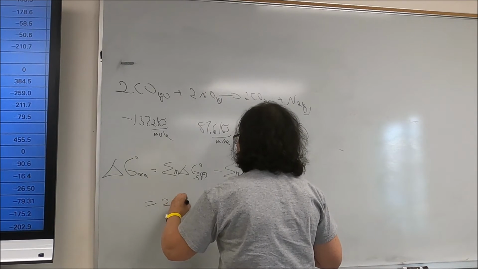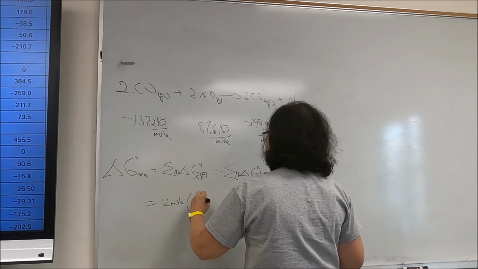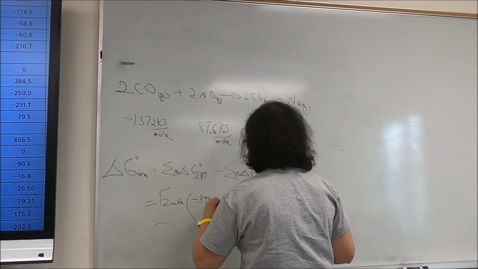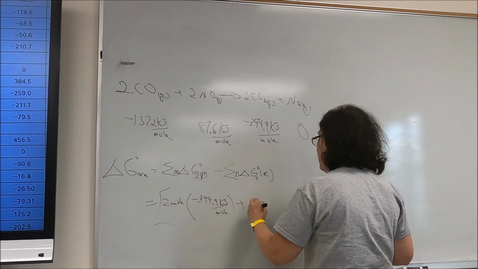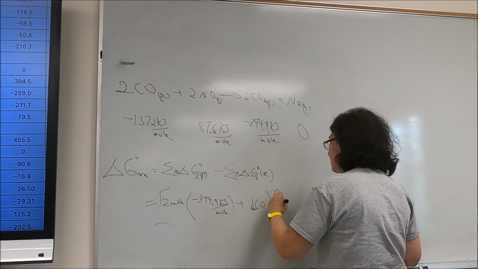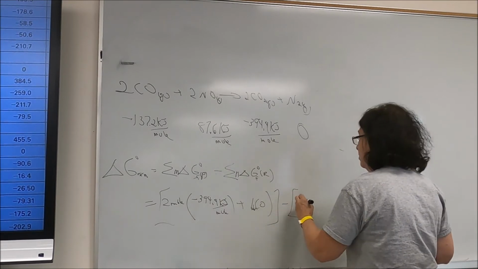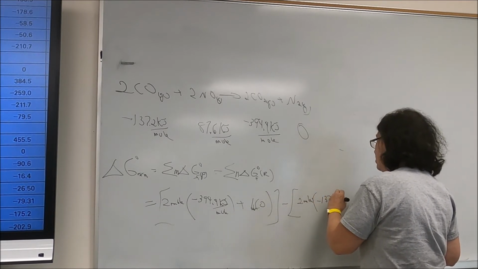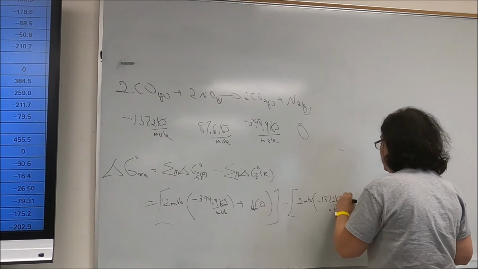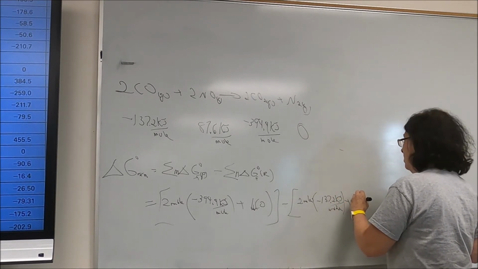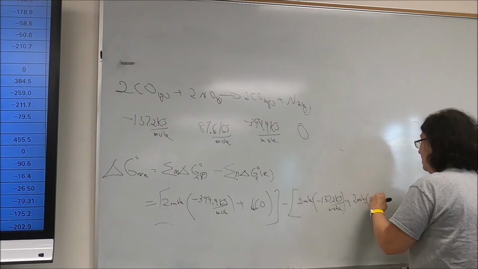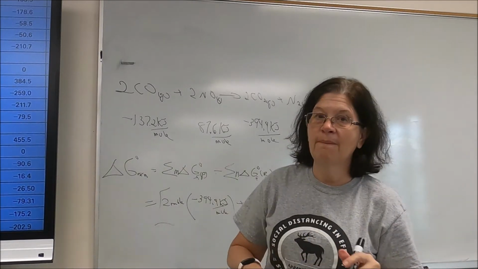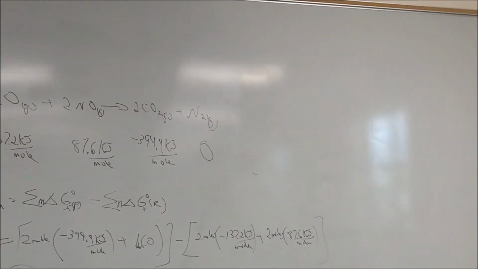I have 2 moles of CO2 times minus 394.4 kilojoules per mole, plus 1 times 0, minus 2 moles times minus 137.2 kilojoules per mole, plus 2 moles times 87.6 kilojoules per mole. Okay? Just make sure you got all of that.